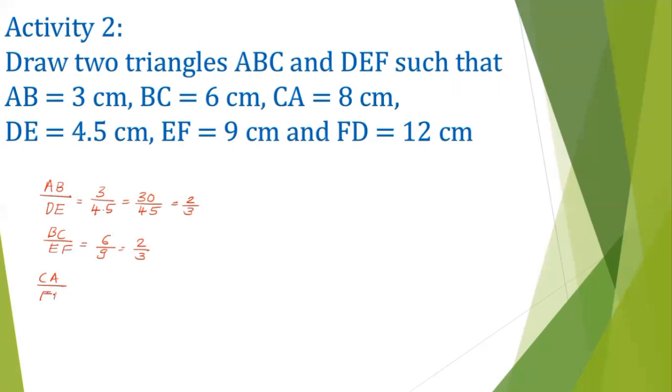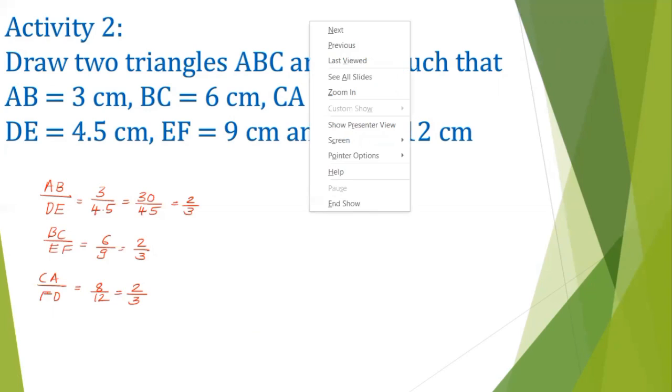CA by FD is equal to 8 by 12 is equal to 2 by 3. Now here the ratio of the corresponding sides are equal. You can take DE by AB, EF by BC and DF by AC also. Then it becomes 3 by 2, that is 1.5.